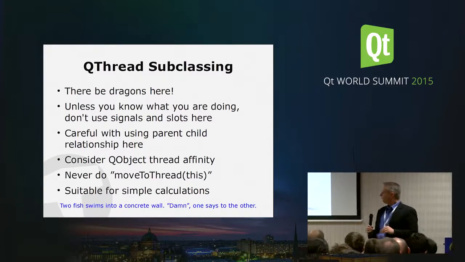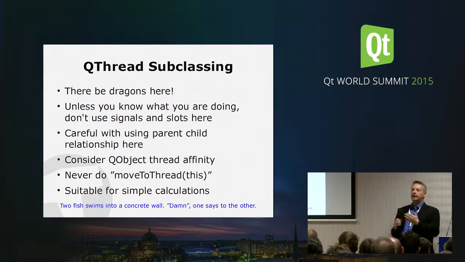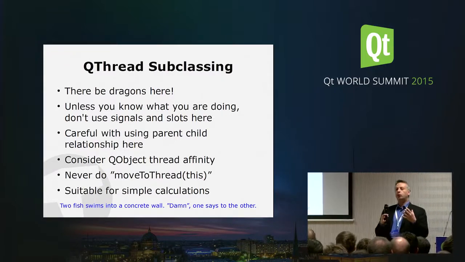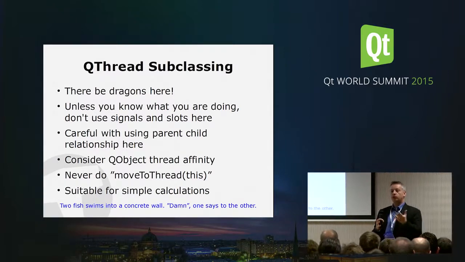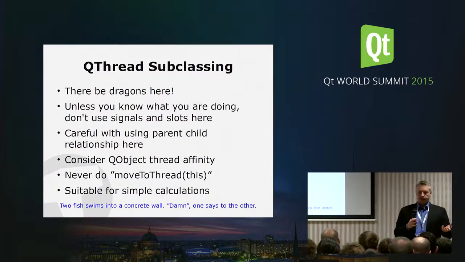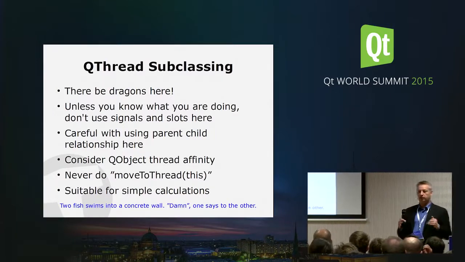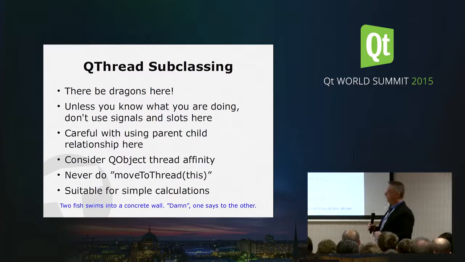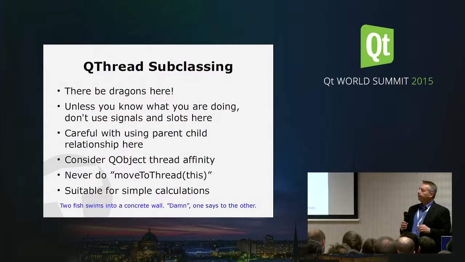So, the reason, again, is that you muddy the waters, because when you want to delete the object itself, it has to be in the thread where you created it. So what are you going to do if you moveToThread(this), and then you connect the signal to destroy this? It's just going to be weird. So don't do stuff like that.